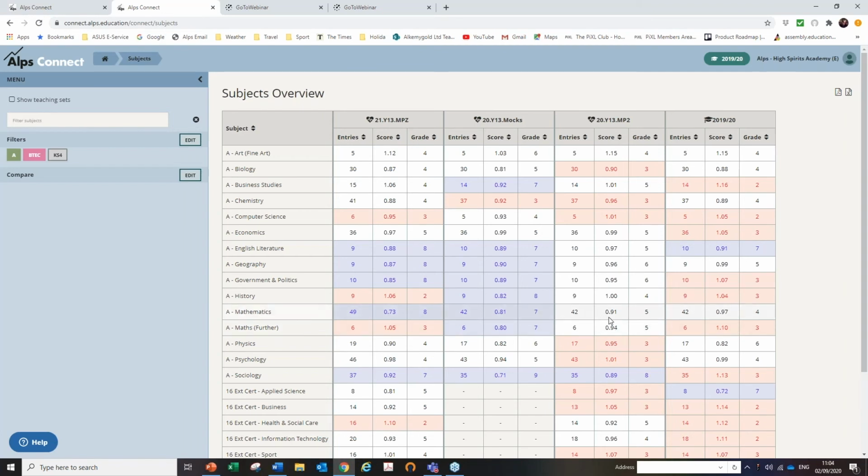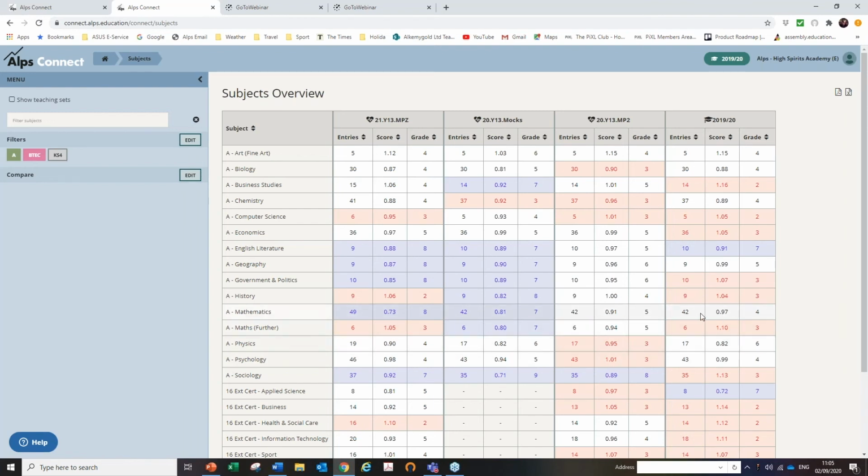Some of the students can do better, and we think we could aim for a grade 5. And then they did actually put the grades back up again from that to a grade 4, a fair old leap, 0.97 from the beginning of the year, 0.73, well over a whole grade per student.